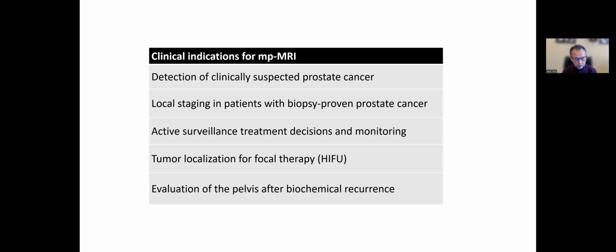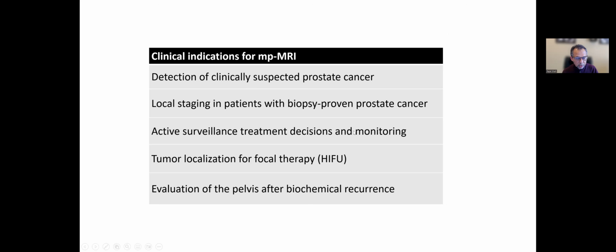You might also have some comment on lymph node status. And these parameters have now been applied in patients that are put on active surveillance and then further monitoring of these patients. So this is a major application of multiparametric MRI these days, numbers 1 and 3. And I will talk more about how this active surveillance monitoring has been utilized with this technique.